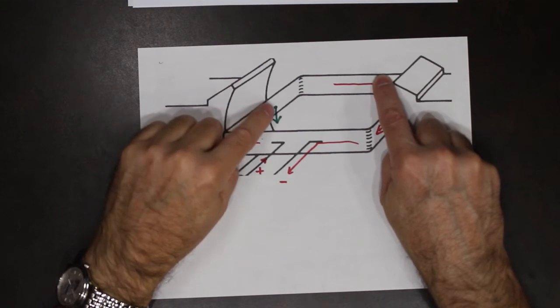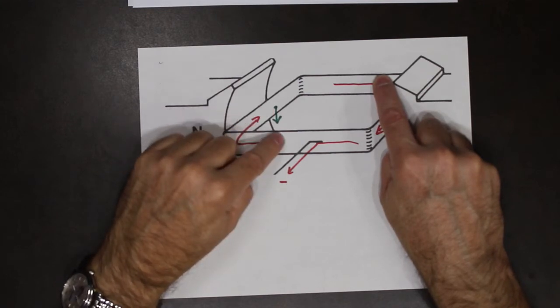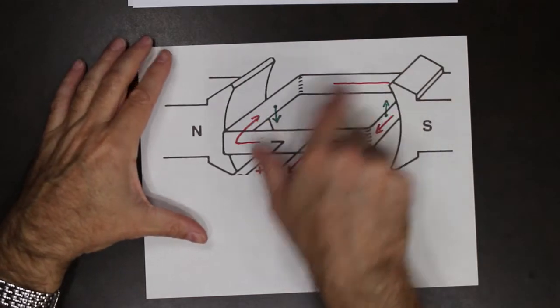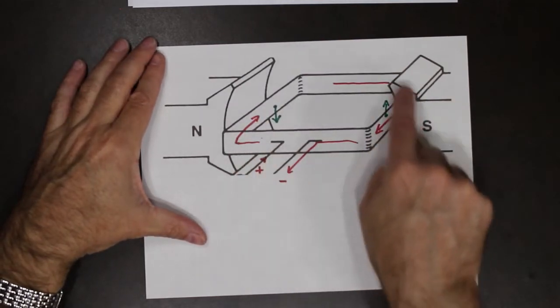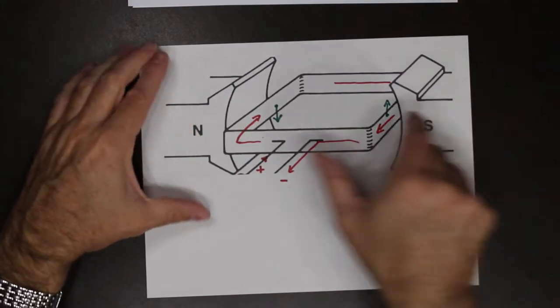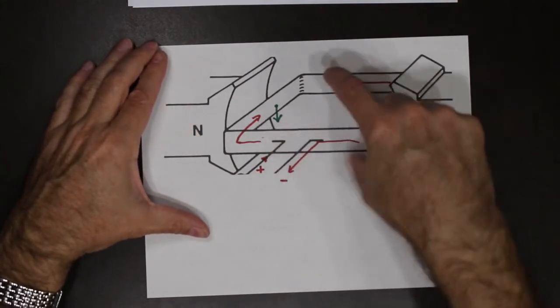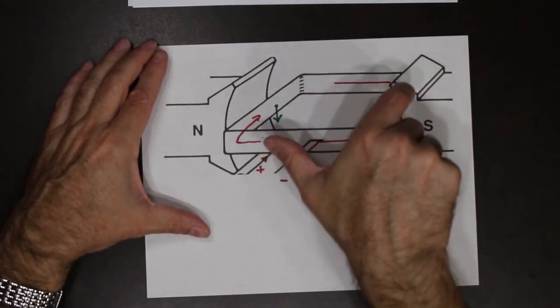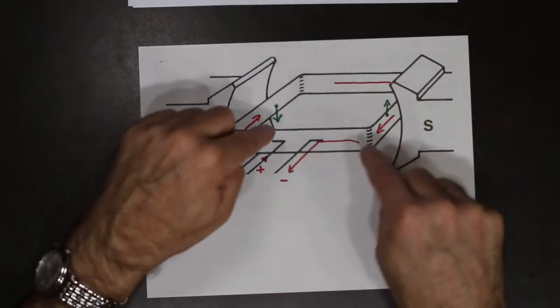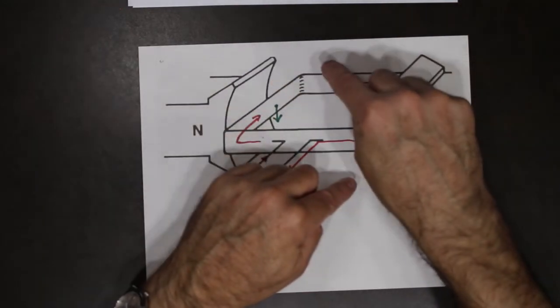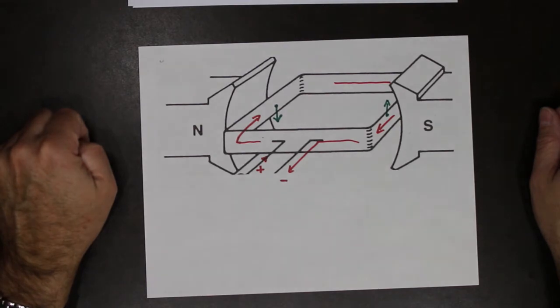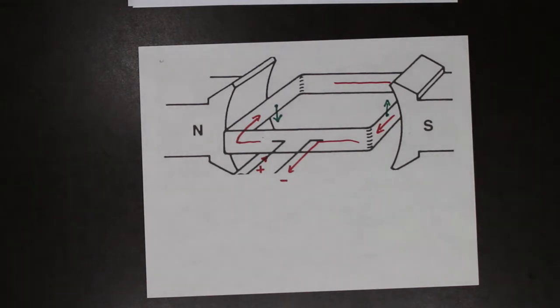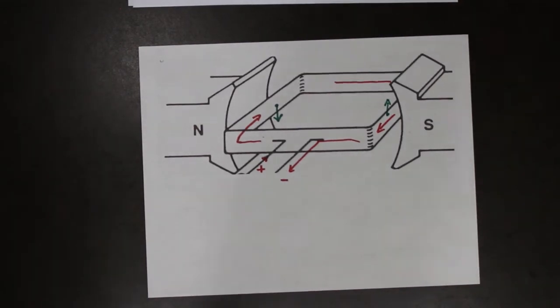That side's going up, that side's going down. So the general rotation of this loop inside this magnetic field is going this way. Okay, so general rotation this way.